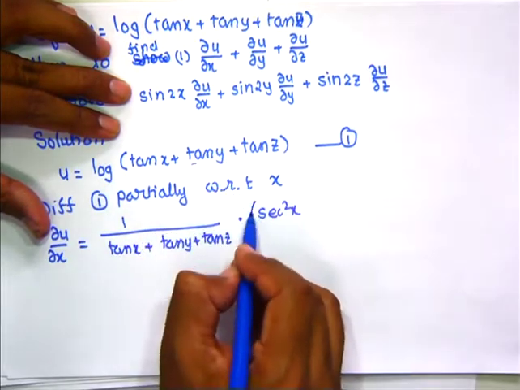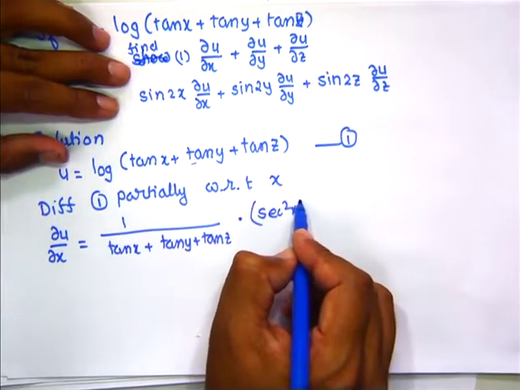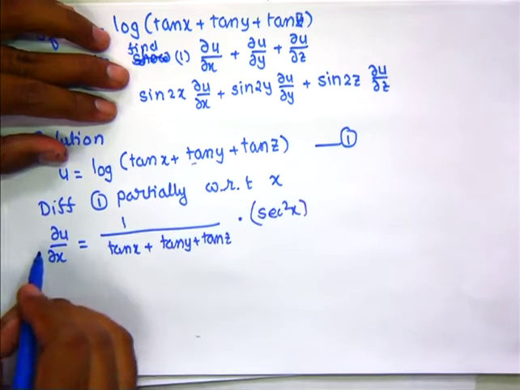The derivative of tan y with respect to x is 0 and the derivative of tan z with respect to x is 0. So this is del u by del x.